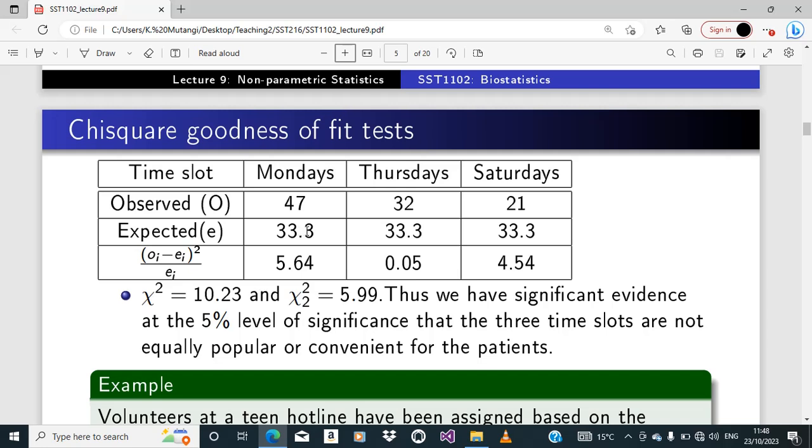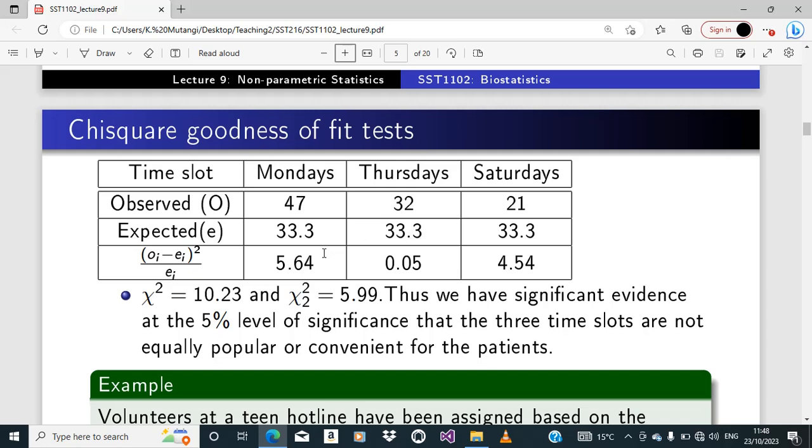This is why you see we have 33.3 in all the 3 classes. It's because we had the same proportion of 1/3 for all the classes.